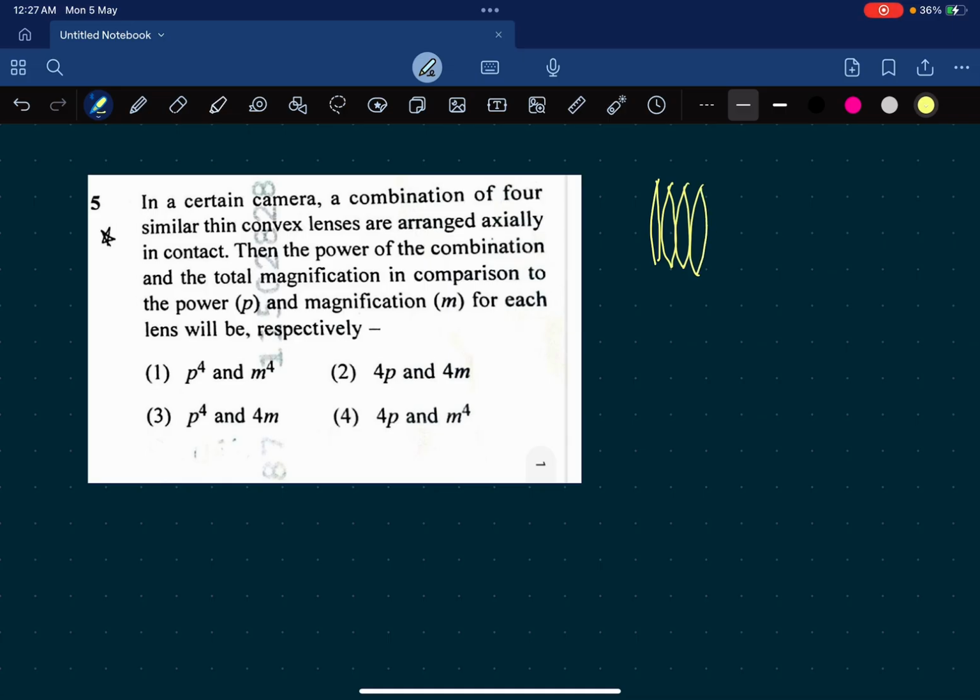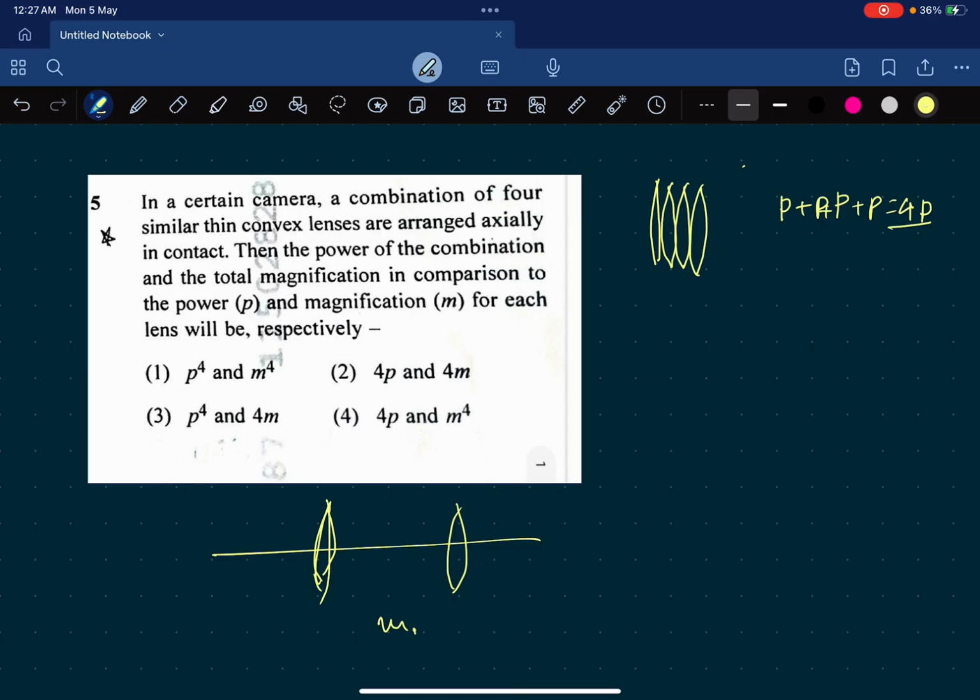Now, we know that power is something which is linearly added. Therefore, if the power of each lens is P, it will be simply added: P1 plus P2 plus P3 plus P4. So this will be like this. Now, what about the magnification? If you can remember the derivation of the compound microscope, what do we see there?